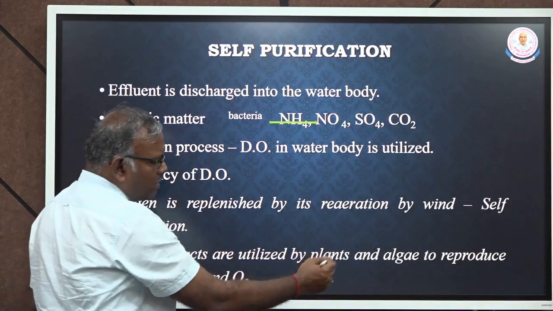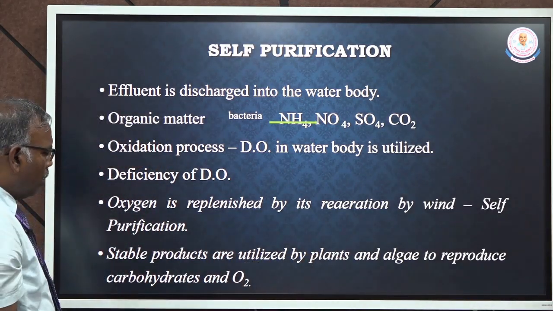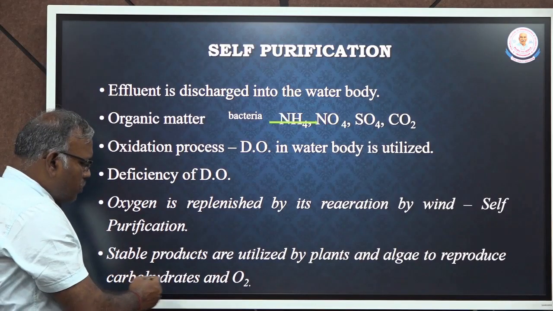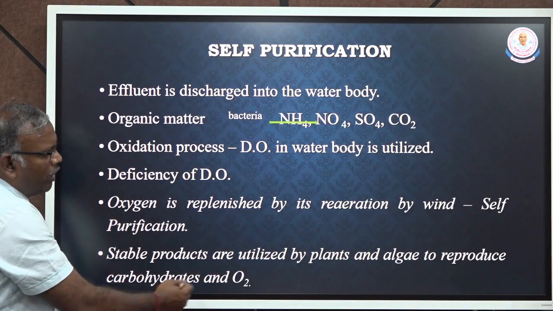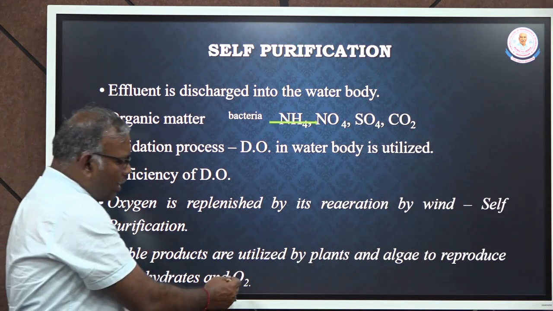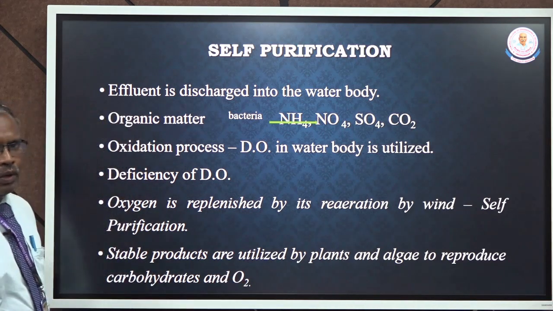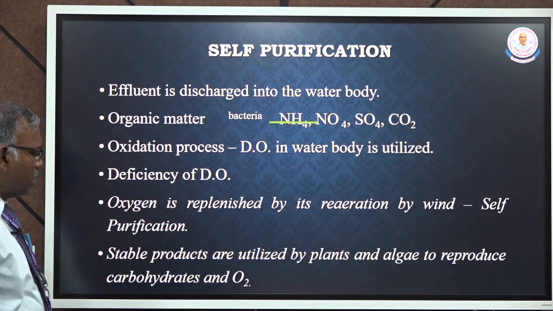Once the oxygen level is stabilized, next the plants and algae utilize the carbon dioxide and release oxygen into the water body, which also increases the oxygen level.